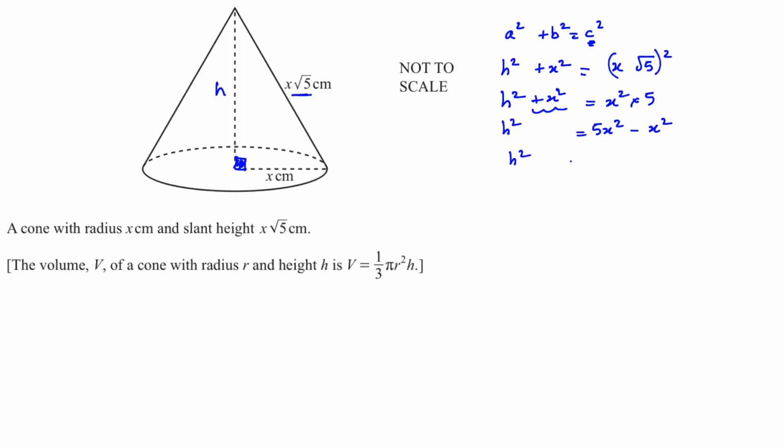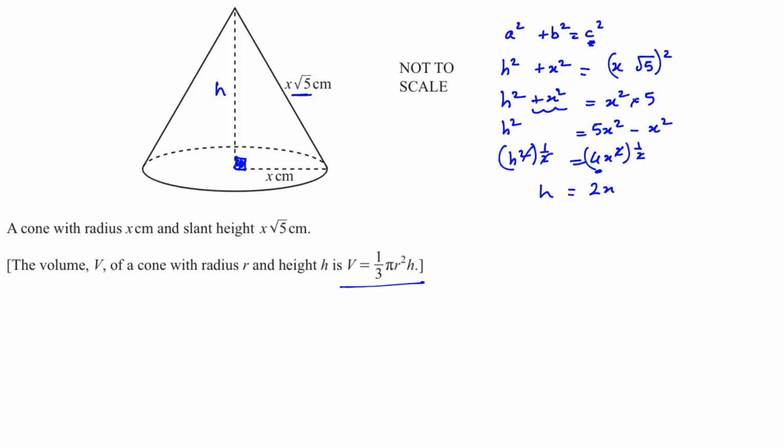So h square is equal to 4x square. We'll square root both sides to remove the square. So you will get h is equal to 2x. Remember that 4 is also square rooted. So now we know that h is 2x.